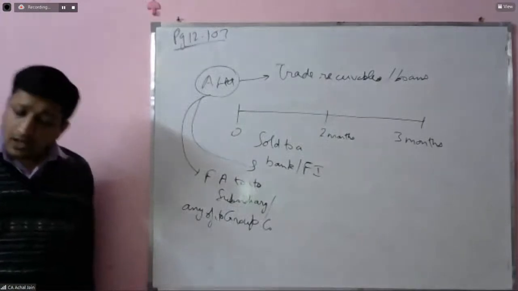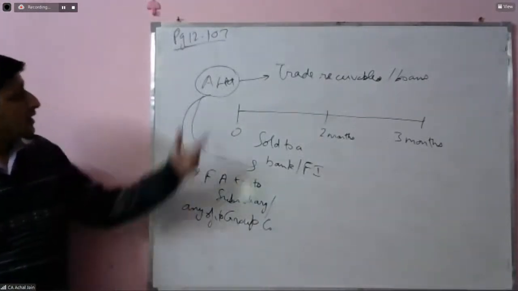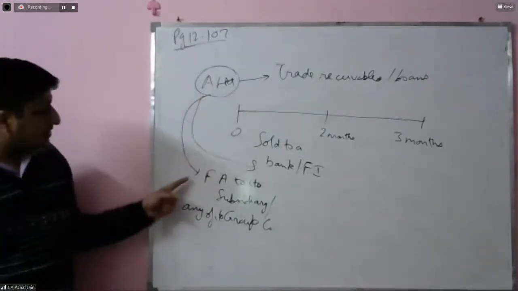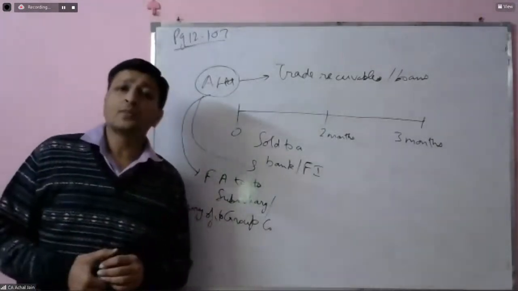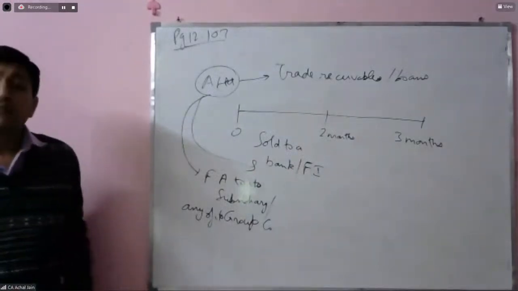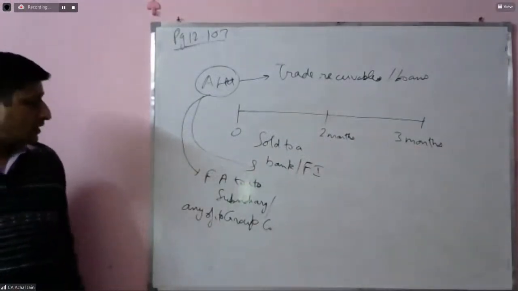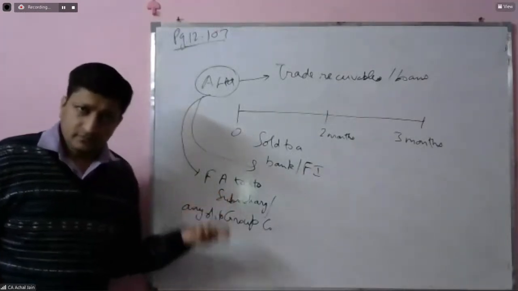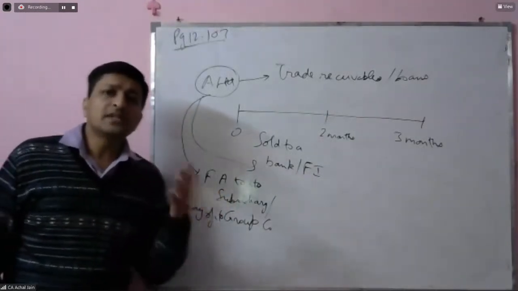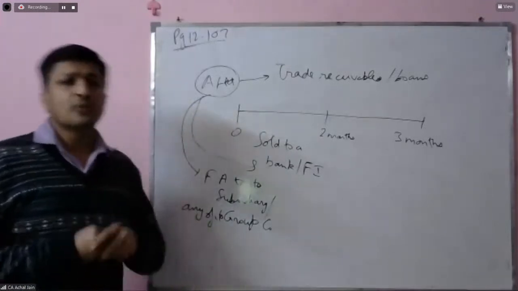Now, in case we derecognize this financial asset in the books of A Limited, and which also happens to be the consolidated financial statements, will that be appropriate? Because this asset is sitting over there, means in the group's financial statements, in the consolidated financial statements.